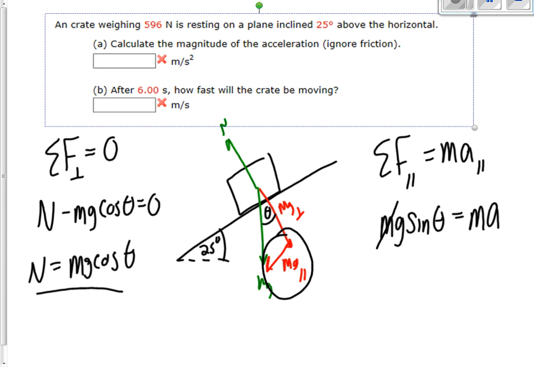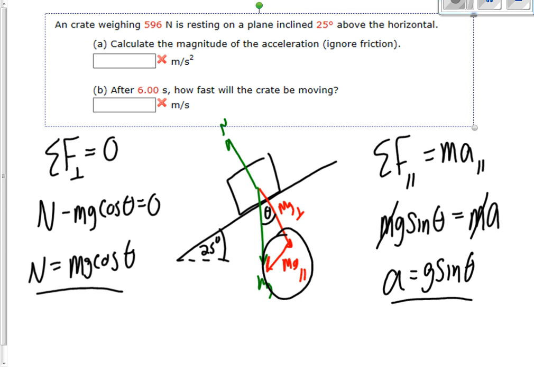The m's cancel out, and my acceleration is g sine theta, right? It's diluted gravity. Sine of 0 is 0, sine of 90 is 1, so I have a value for acceleration on a ramp anywhere between 0 and 9.8 meters per second squared down the ramp.